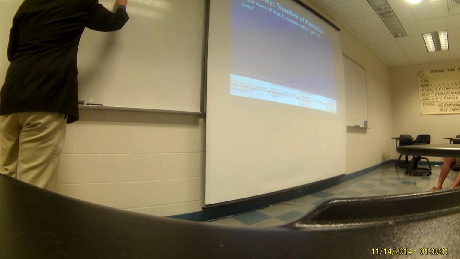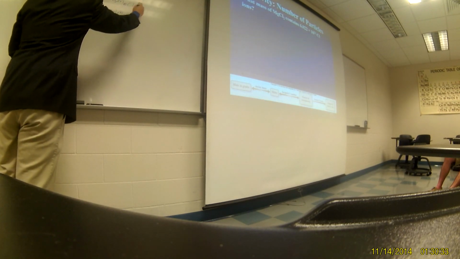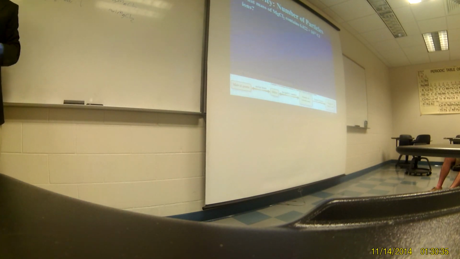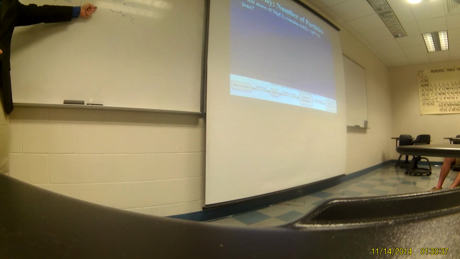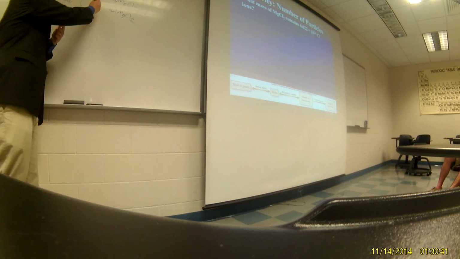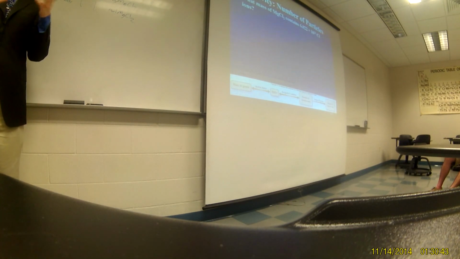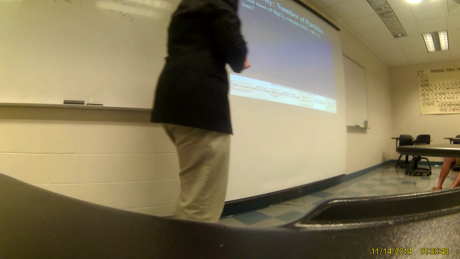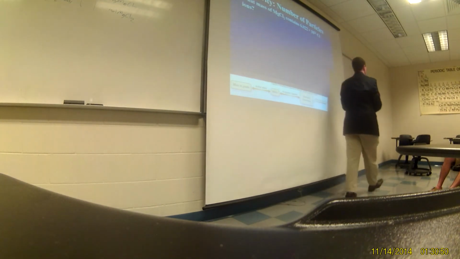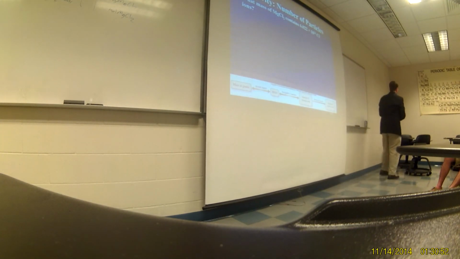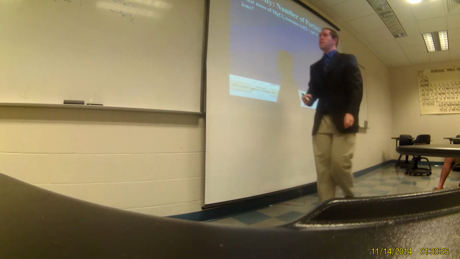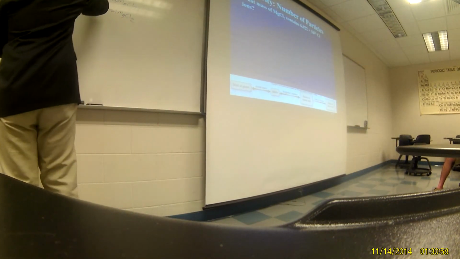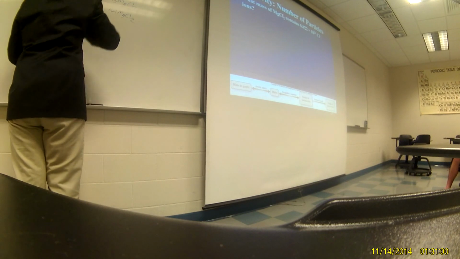Now I can go to grams of magnesium chloride. What number you want to put down here? 1 mole. 1 mole of magnesium chloride weighs how much? And you have to calculate that. So 2 chlorines is 71 plus 24 is 95.3.